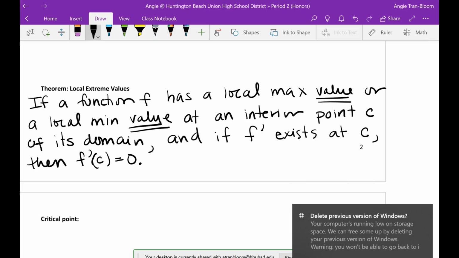There's all the fancy wording. You tell me in plain English, what does it want you to know? At the maximum and minimum, the slope is definitely 0.